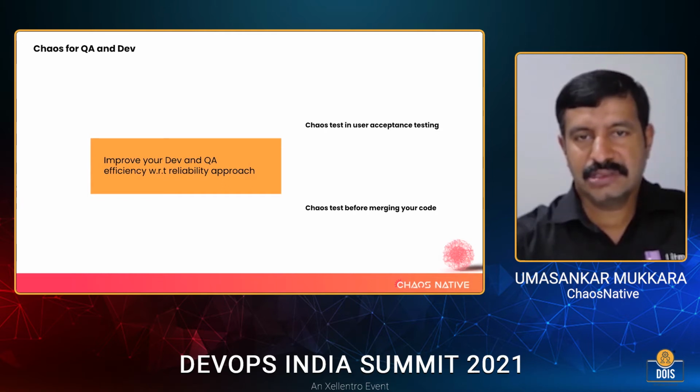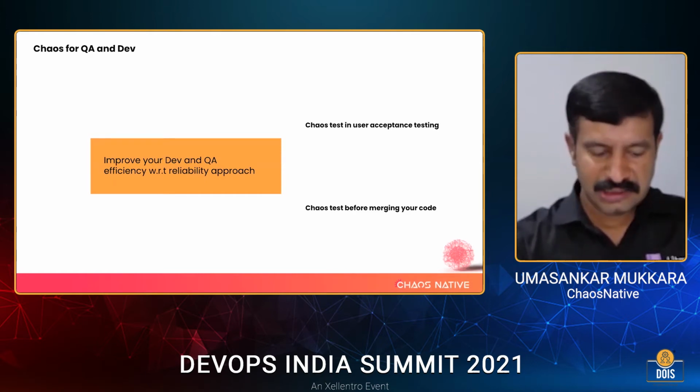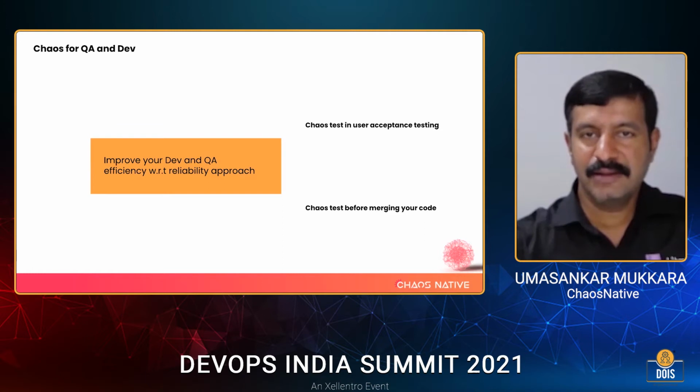That's really because you are going to see multiple microservices that are providing support to your actual code. So you need to be able to do a much higher level of failure testing, called chaos testing, right? So that's what is needed in user acceptance testing: throw in chaos testing.